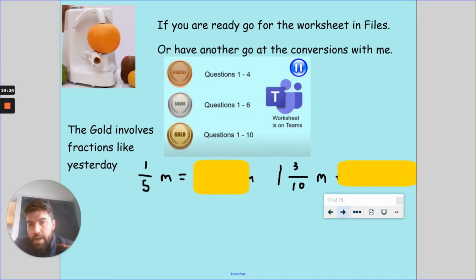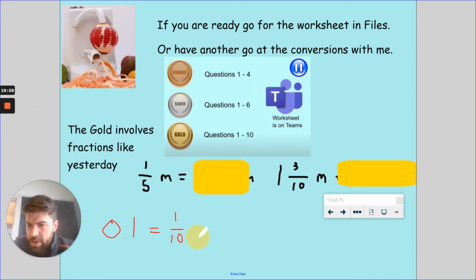Gold, 7, 8, 9, particularly question 7, involves fractions of a metre. So just a quick input on that, because I know you've already done this with Mr. James this week. Let's have a think. 1/5 of a metre. Well, a statement I know straight away is, if I look at any number as 0.1, I know this is equal to 1/10. So if I know 0.1 is 1/10, I know that 0.2 is 2/10, and 0.3 is 3/10.